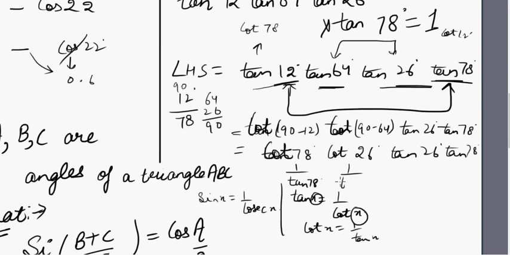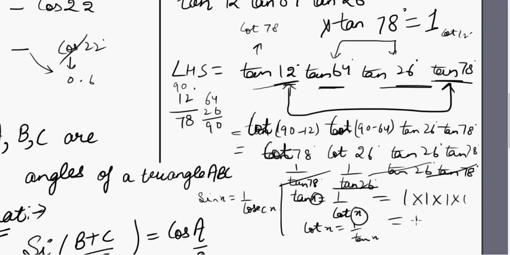Similarly cotangent 26 degree is 1 over tangent 26 degree, and here we are left with tangent 26 degree and tangent 78 degree. So this term cancels this term and this term cancels this term, so we are left with 1 into 1 into 1 into 1, that is 1. So it is right hand side of the given equation, and hence proved the given question.